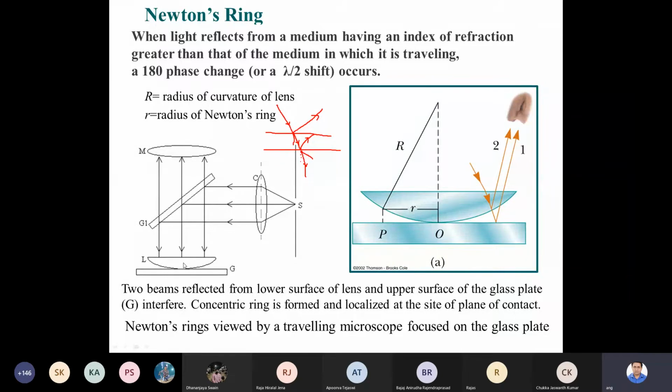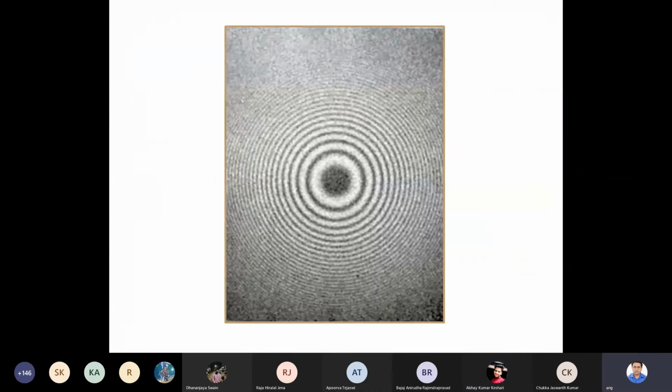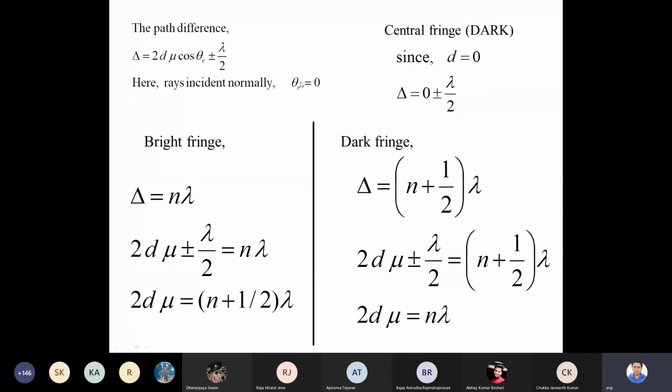Sir, the incidence we are considering is on the curved surface, right? Yes, so the angle we are writing here is very, very small. You can just write it as 0, and then this will be just 2d mu. This is approximately so, it should be an approximate sign.